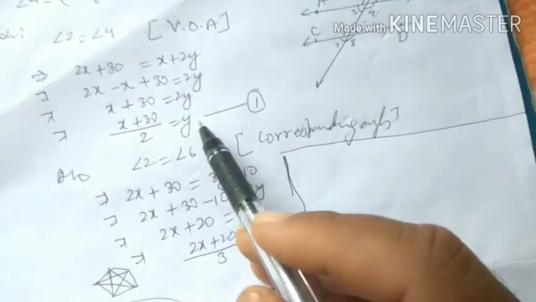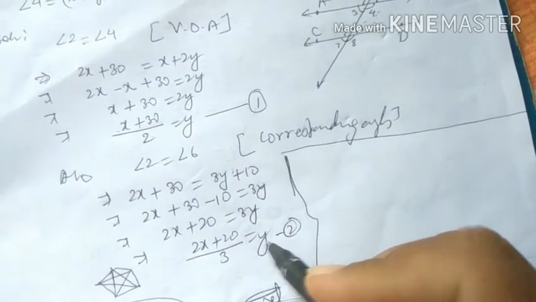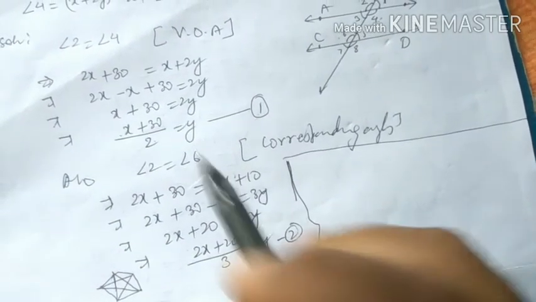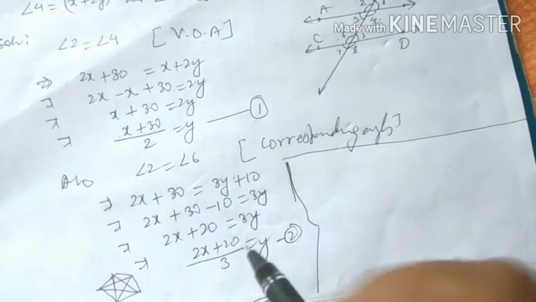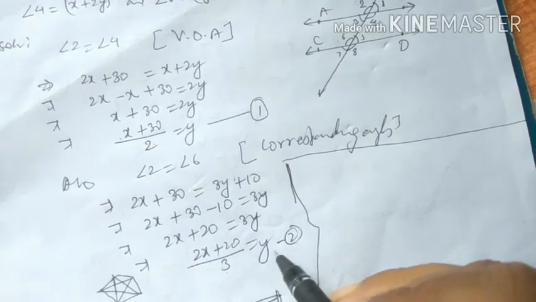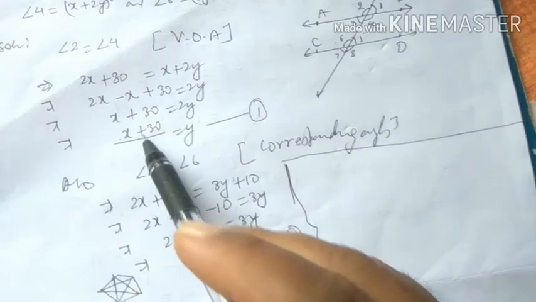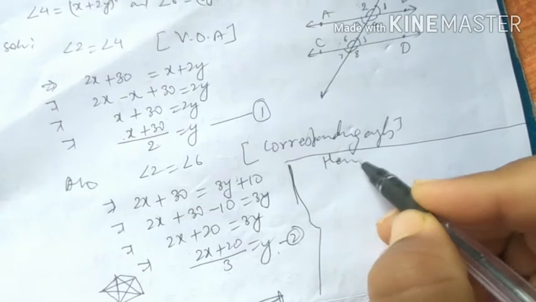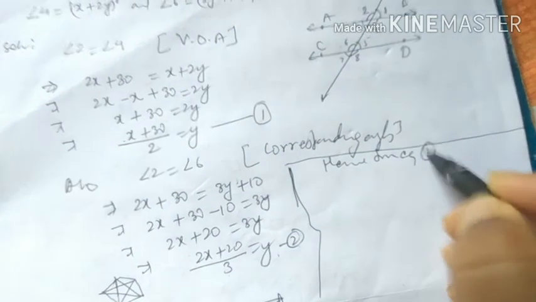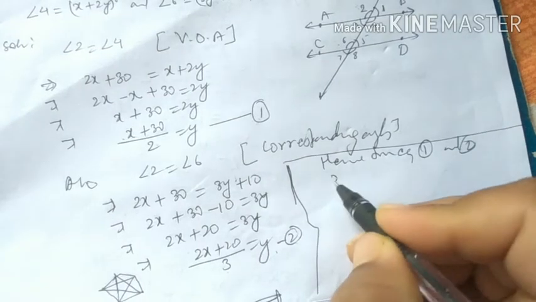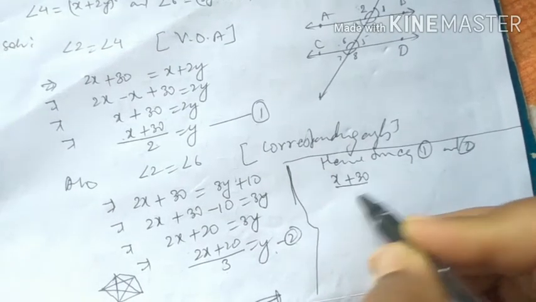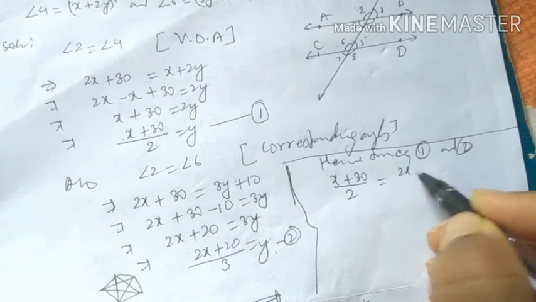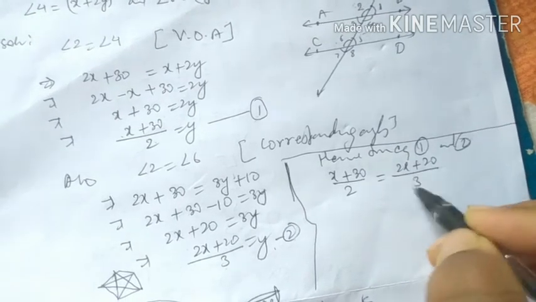Now in equation 1 the value of y is (x plus 30) by 2, and in equation 2 the value of y is (2x plus 20) by 3. Both are the value of y, so these two values of y must be equal. Hence from equations 1 and 2, (x plus 30) divided by 2 equals (2x plus 20) divided by 3.